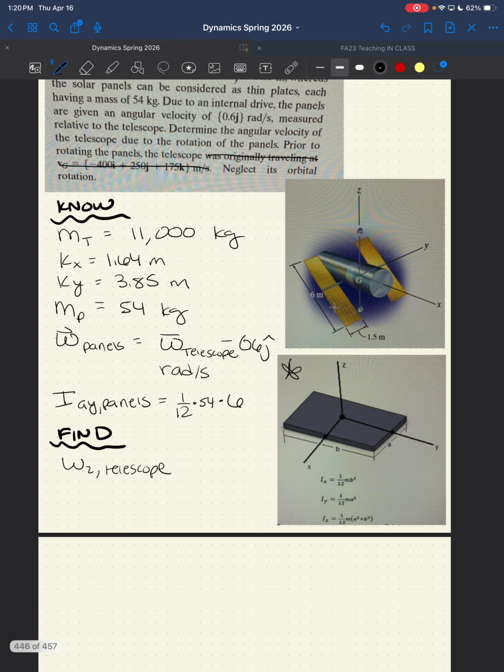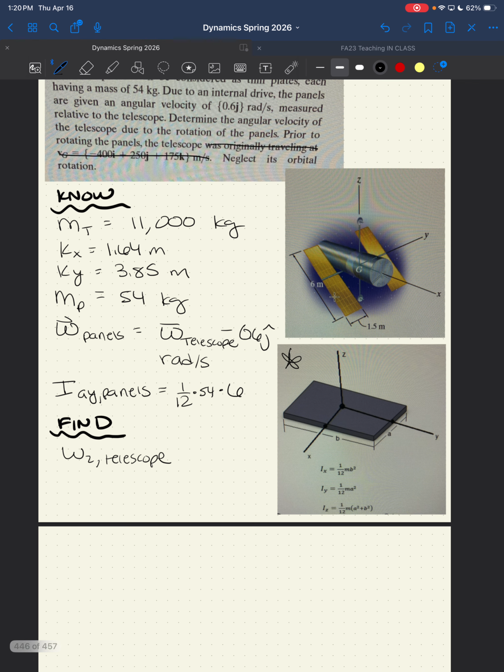Which means that we'll use the reduced form of H for a rigid body, the scalar form, which is I_G omega, because luckily y goes through G of both the panels and the telescope. All right, and I said at time 1, there's no momentum.